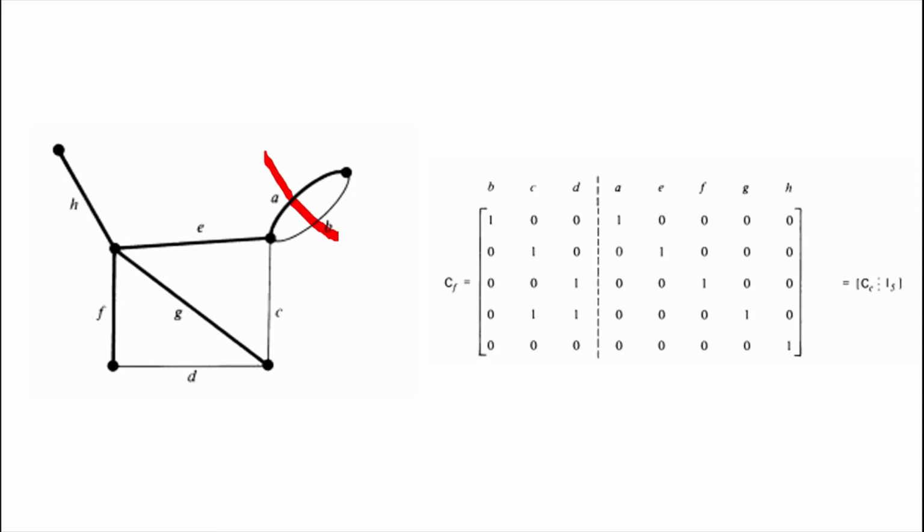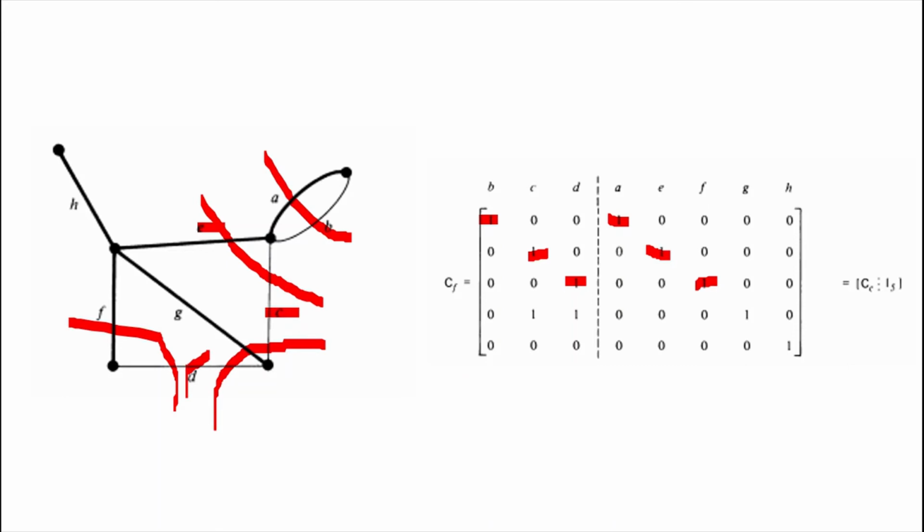If I put a cut over here, it passes through the edges A and B, so I put a 1 in B and A. If I put a cut over here, it passes through the edges E and C, so C, E. If I put a cut over here, it passes through the edges F and D, so D, F. If I put a cut over here, it passes through the edges D, C and G, so C, D and G. And if I put a cut over here, it passes through the edge H. That way I get the fundamental cut set matrix.